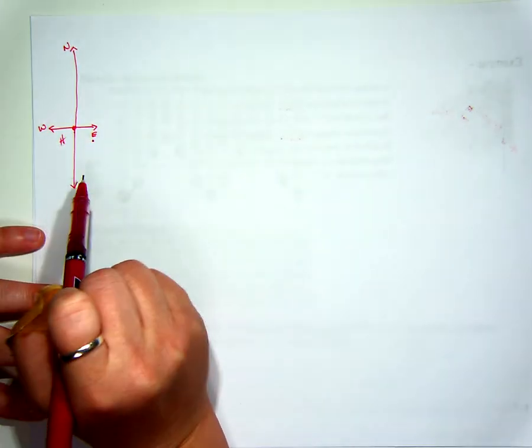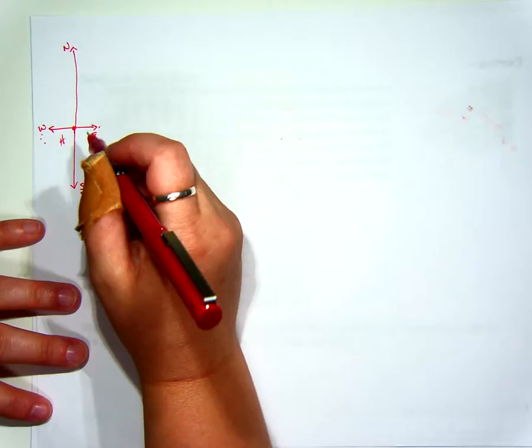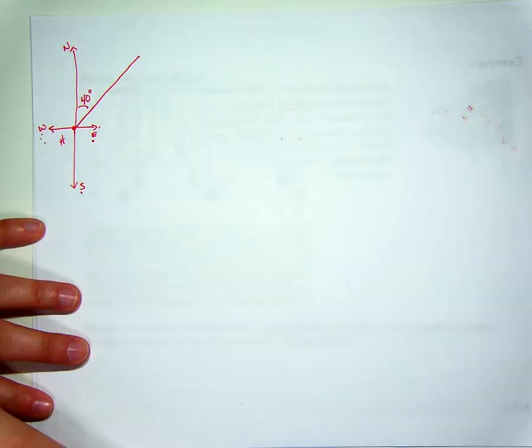East, eat. S, soggy. W, west, waffles. Never eat soggy waffles. Now, north 40 degrees east. So, in my northeast quadrant, I'm going to say that's 40 degrees. I travel 30 miles.